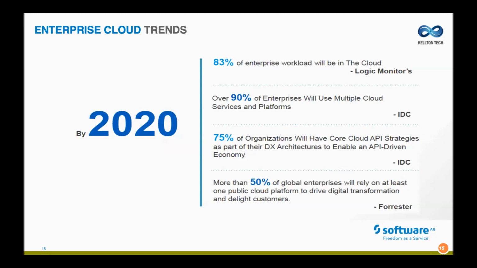So being able to allow enterprises to leverage multiple clouds is the biggest important aspect. Definitely 75% of the organizations will have core cloud API strategies as part of their digital experience architectures and to enable an API-driven economy.